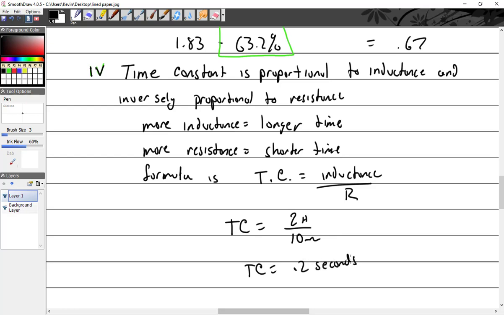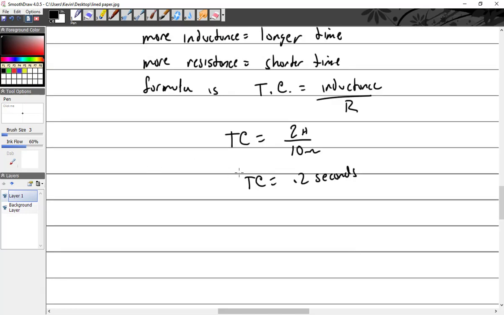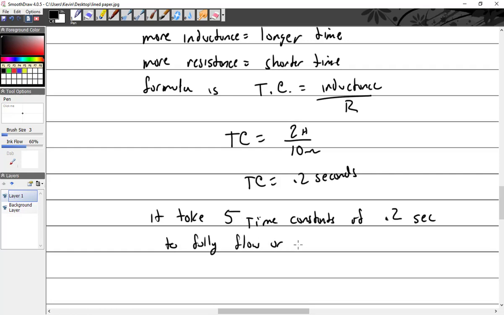It's not that hard. So a time constant is 0.2 seconds. So in my scenario, it takes 5 time constants of 0.2 seconds to fully flow or fully stop, to make it easy.